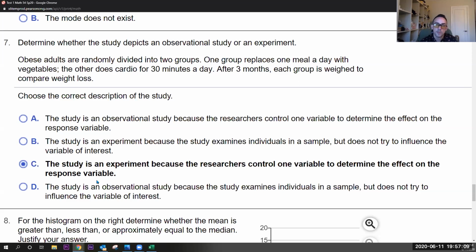Now, an observational study would be if I went to a gym and monitored 100 people. On day one, I weighed them, 100 people. And then 30 days later at the end of the month, I weighed them again. And then I said, all right, which one of you guys were on a diet?